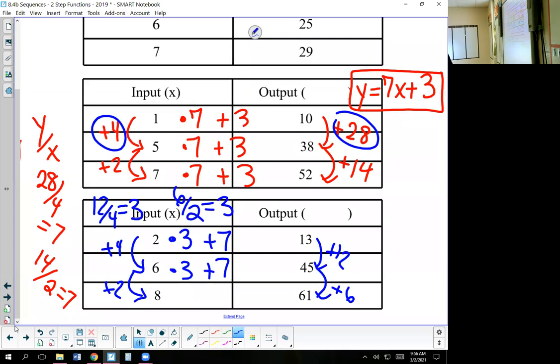What the heck did I do? No, that's right. That doesn't give me the answer. Okay, 12 divided by 12. Yes. No, it's not 12. Oh my goodness.